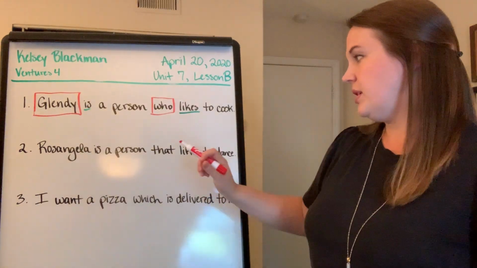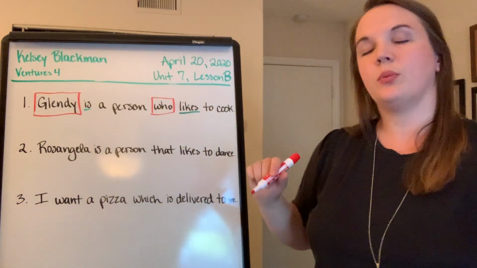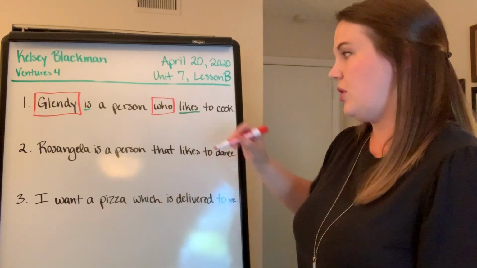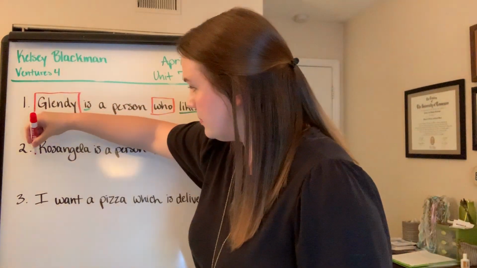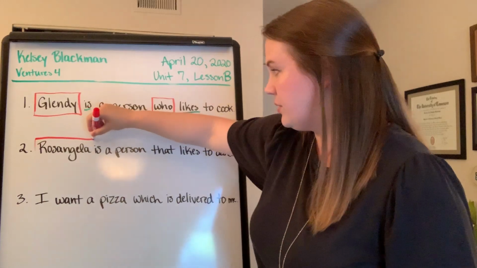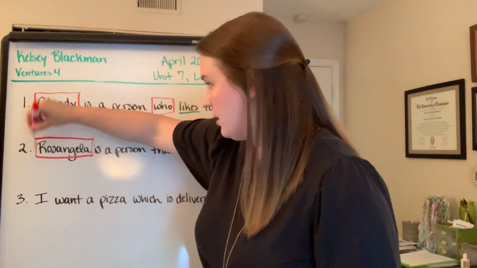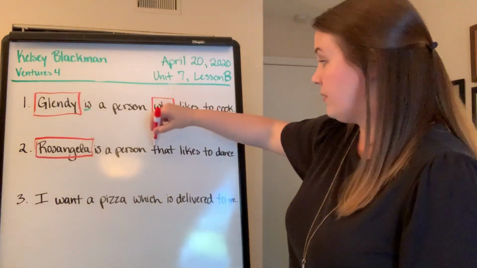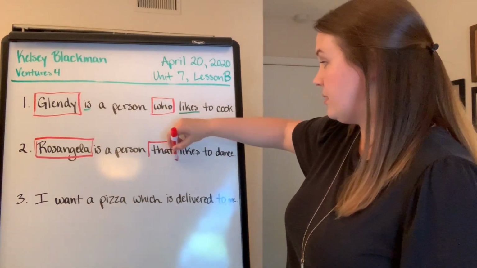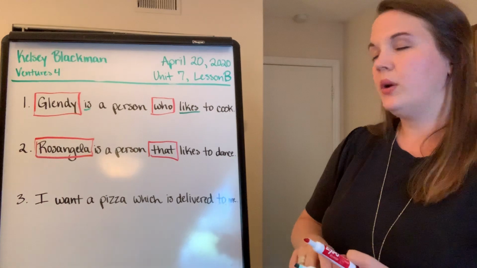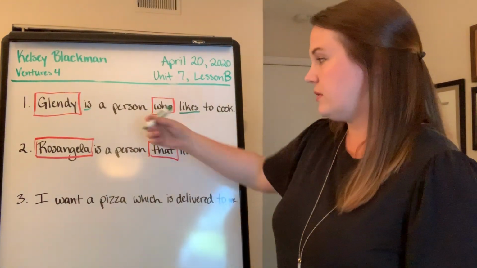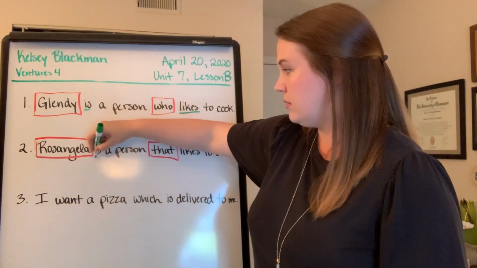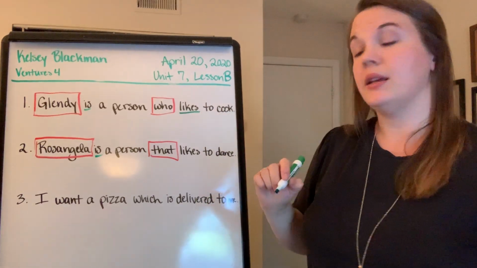Rosangela is a person that likes to dance. What is the subject of the first clause? Rosangela. And the subject of the second clause? That. Good. What is the verb in the first clause? Is.